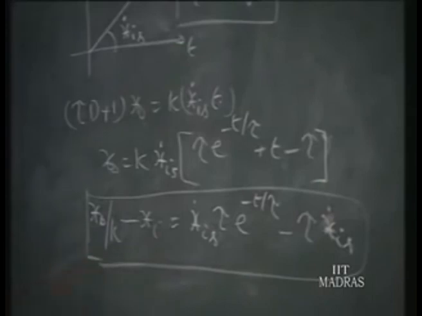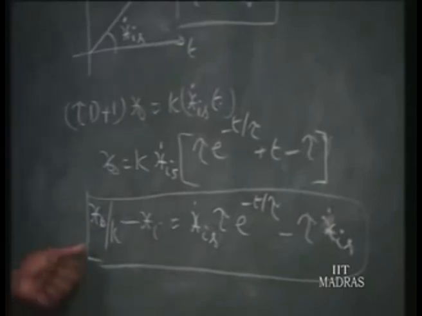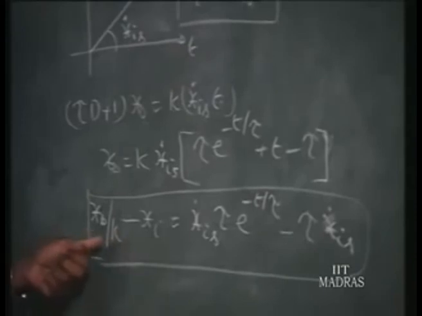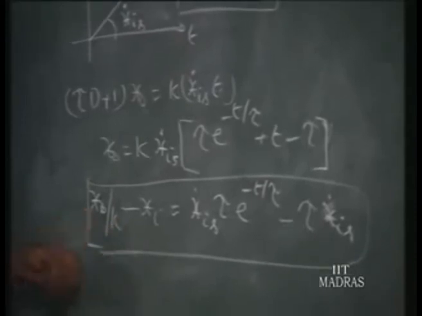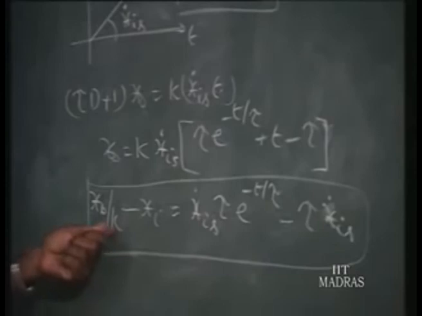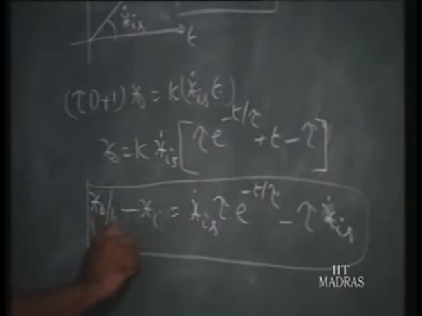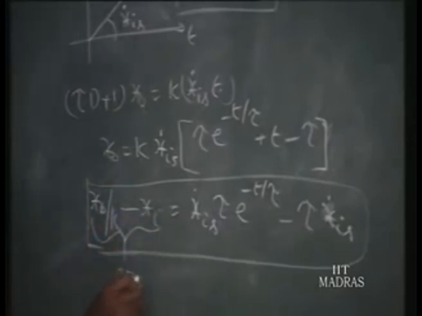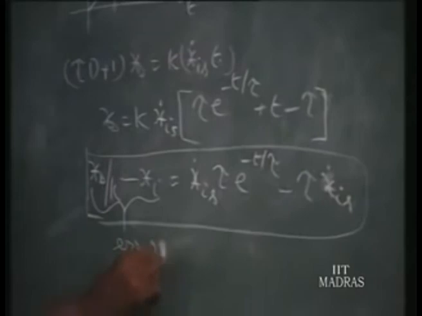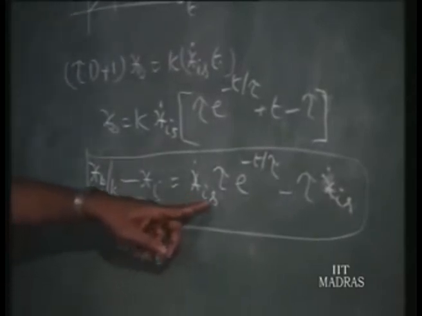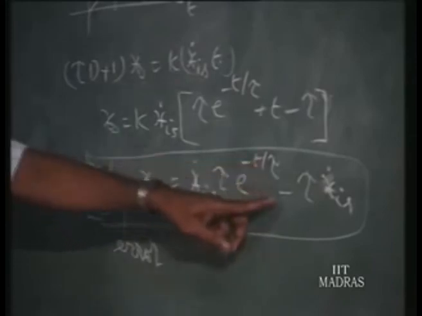Now it has an interesting shape. xo by k should be equal to xi if the instrument doesn't pose any error. So if there is error, xo by k, that is the ideal value, is subtracted from the actual value xi, and we get the error at any instant. xo by k minus xi is the error, equal to xis dot into tau into e to the minus t by tau, minus tau xis dot.